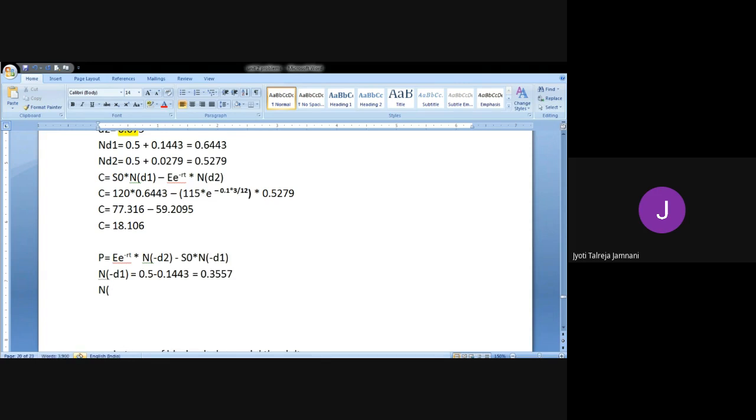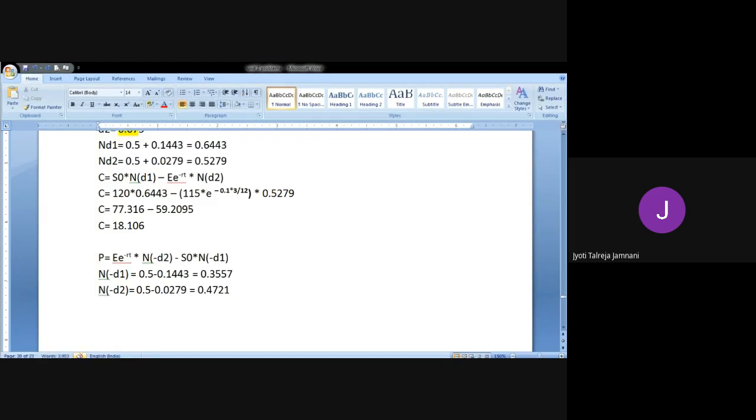N(minus D2) is equal to 0.5 minus 0.0279, which is equal to 0.4721.